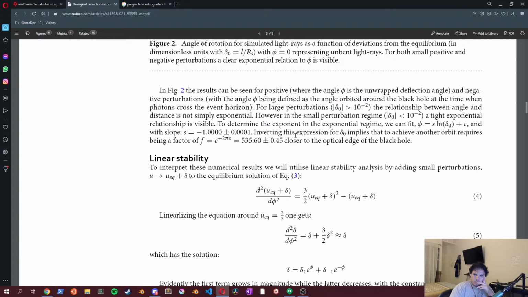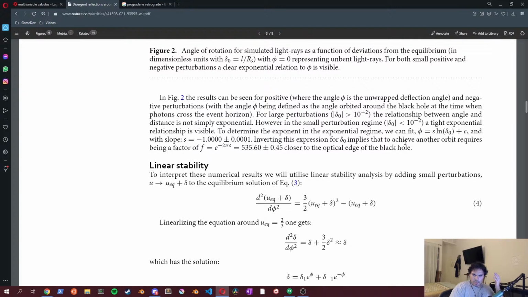I don't understand these numbers really, because e to the minus 2 pi is not 500, first of all, if s is minus 1. Or whatever, e to the 2 pi is not 500. But I'm just going to assume there's some sort of unit transformation they're doing here that I'm not understanding.